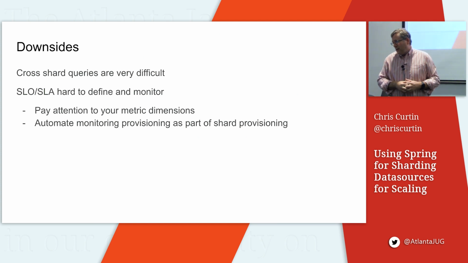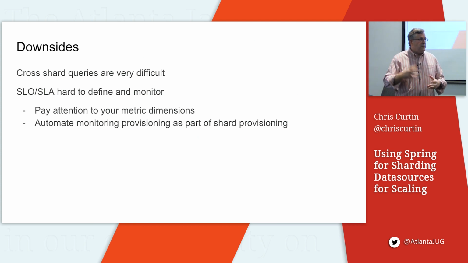The SLOs and SLAs are really hard to define and monitor. Remember we talked before about different instances, different sizes depending upon the clients, and we'll talk about keys in a minute. You also see where this fits in. It becomes really hard to know where your problem is. So how do you define an SLO when I've got 10 different databases with 10 different client types, possibly with 10 different sizes, different read replica models?